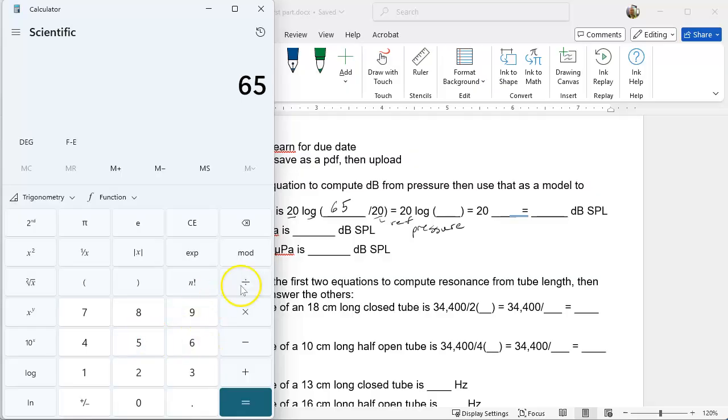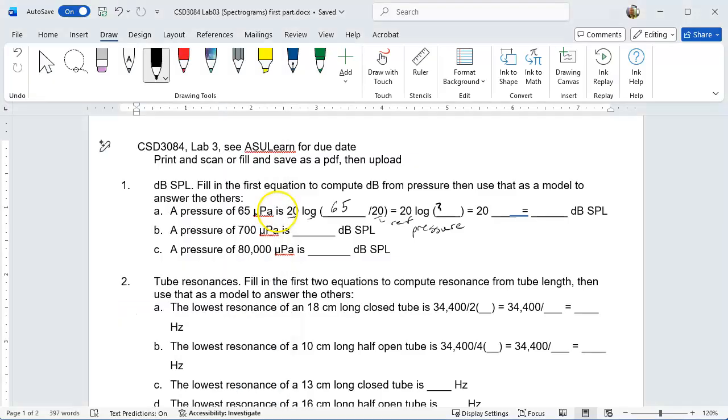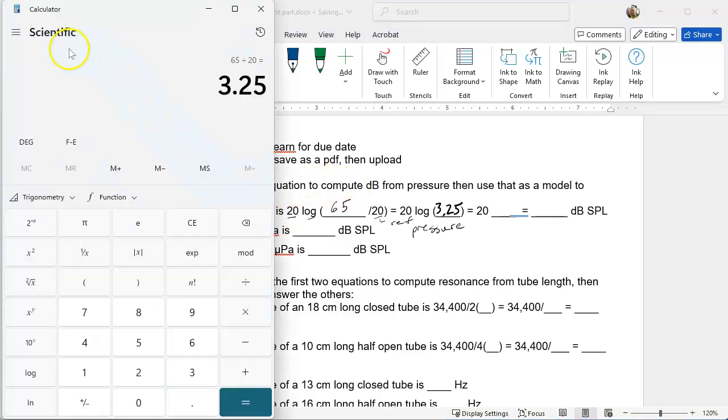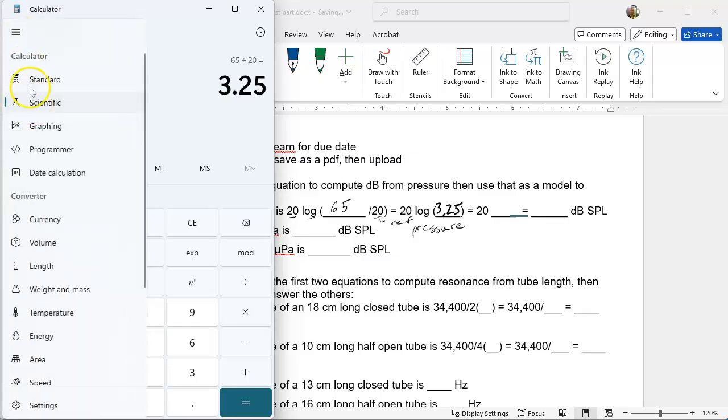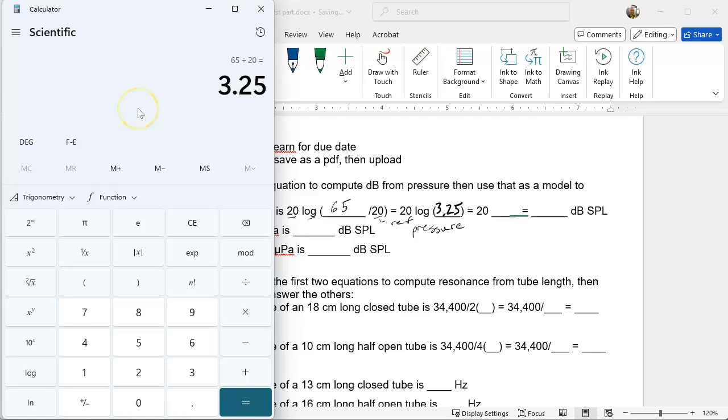I got 65 divided by 20. That's 3.25. Then I need to take the logarithm of that, and for a Windows computer, I have to switch from a standard to a scientific calculator, so you may have to poke around a little bit to find something that'll do logarithms for you.